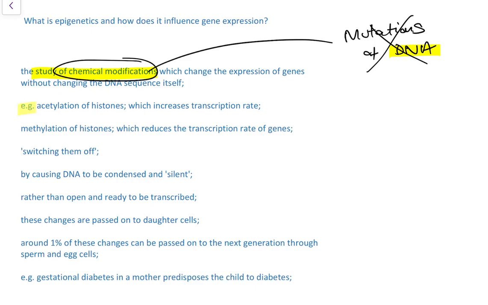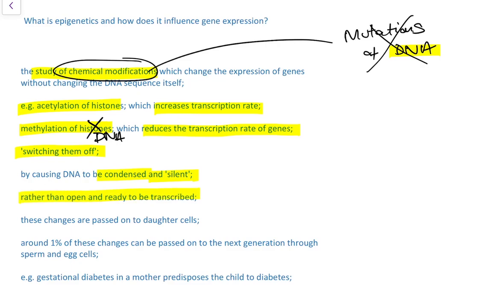But things like acetylation of histones, which increase transcription rate, and methylation of DNA. This is incorrect, I will change that. The methylation of DNA, which overall tends to reduce the transcription rate, switching off genes, causing DNA to become silenced and more condensed rather than open and transcribed.